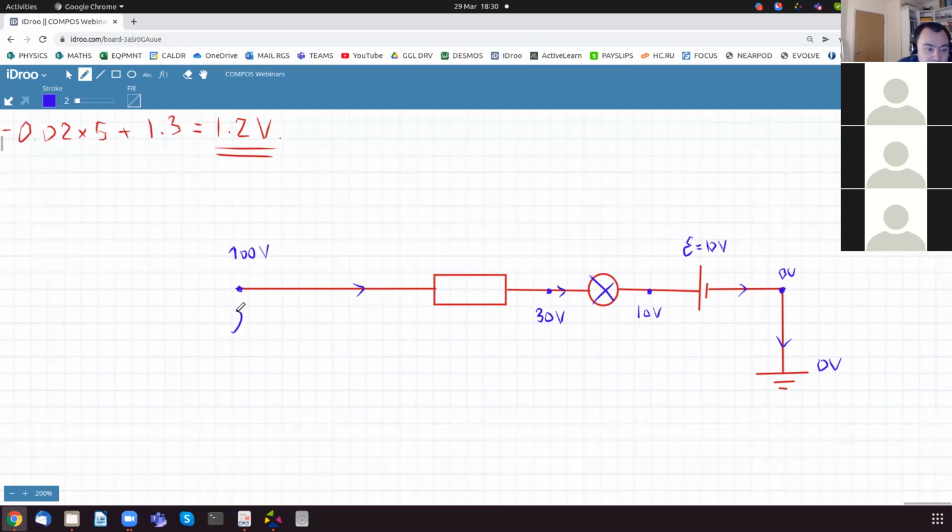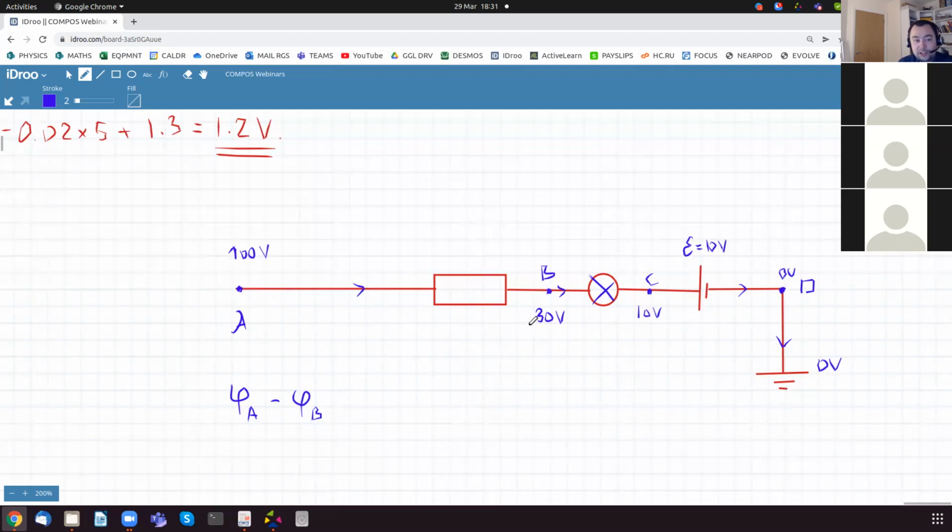So let's call this point A. This is point B. This is point C. This is point D. So let's do phi A minus phi B. Is it a potential drop or increase?